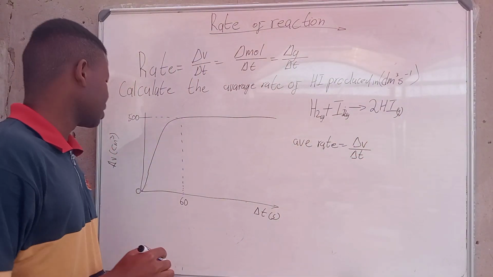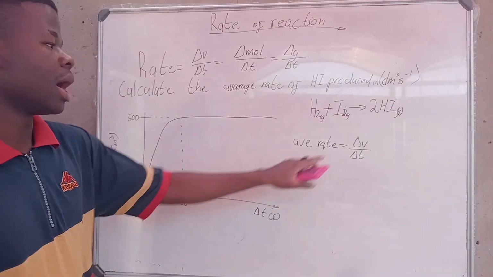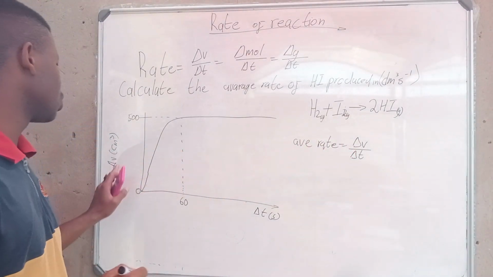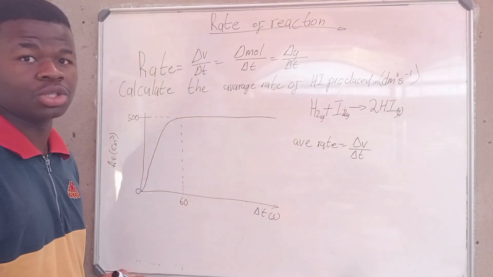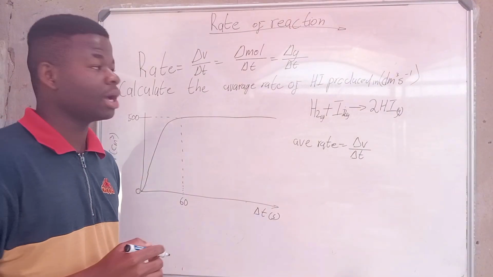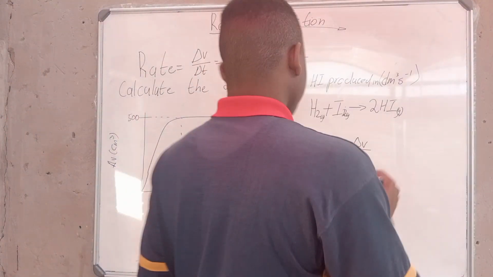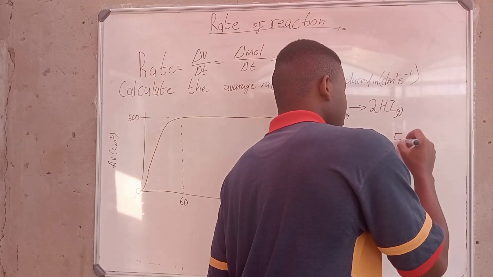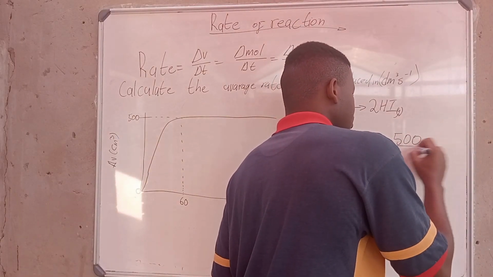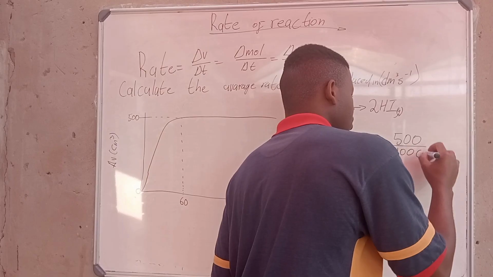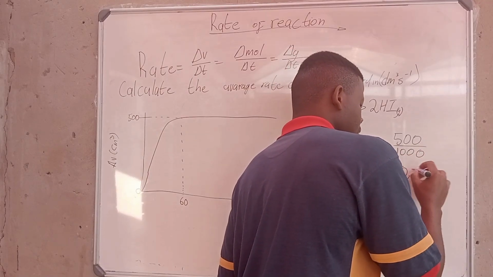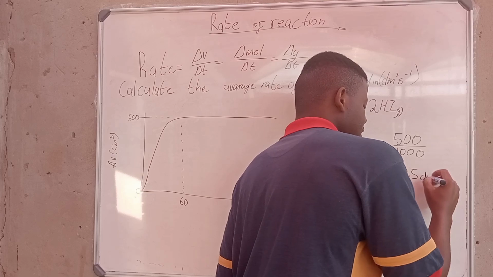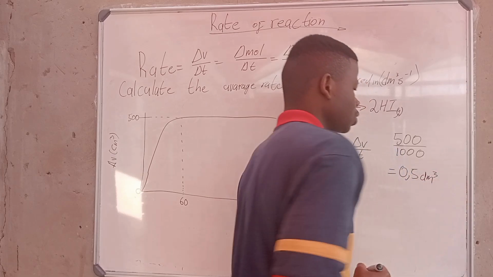But before we can substitute our volume, we need to convert our 500 centimetre cubed into decimetre cubed. We say 500 divided by 1000, and we get 0.5 decimetre cubed.